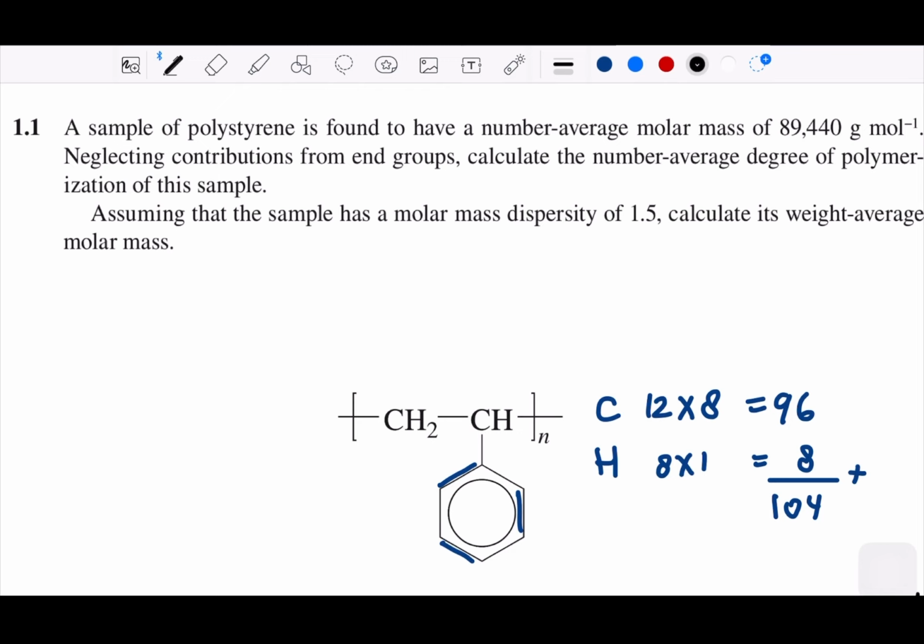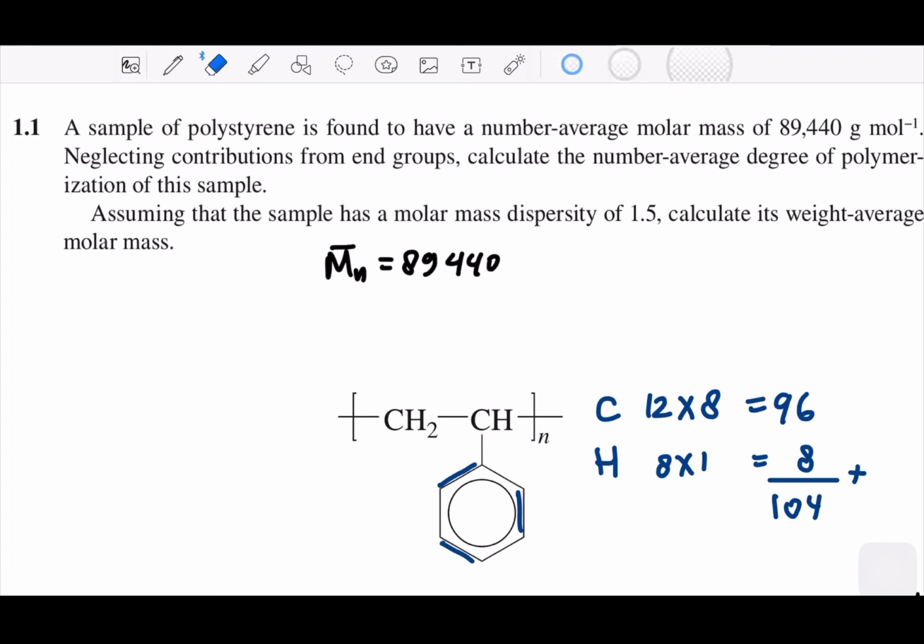And then we have the number average, which is 89,440, and the monomer is 104.